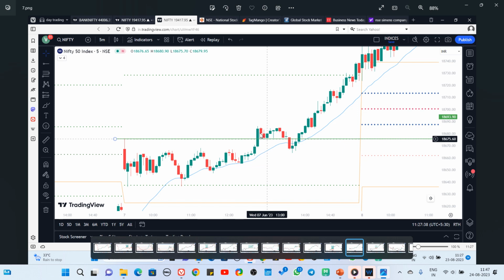Your entry is perfect and your stop loss is according to the rules. But what happened? This candle took your stop loss and then went in your direction. It happens sometimes, but be consistent with one strategy and master one strategy, then go to another strategy. This is the right process to trade the markets.